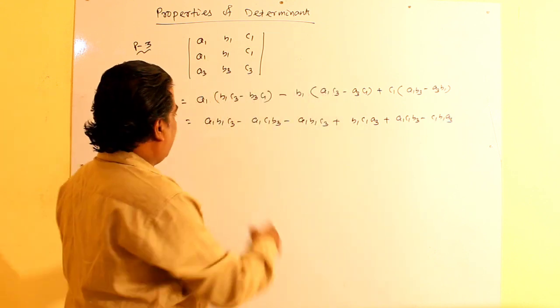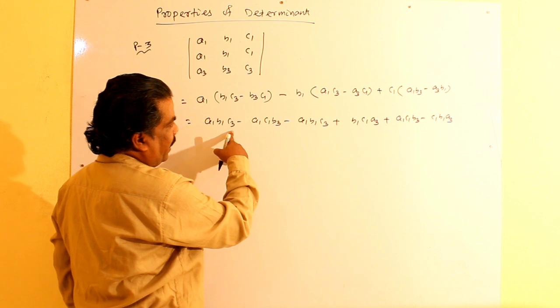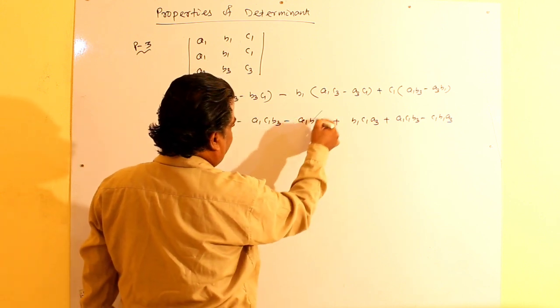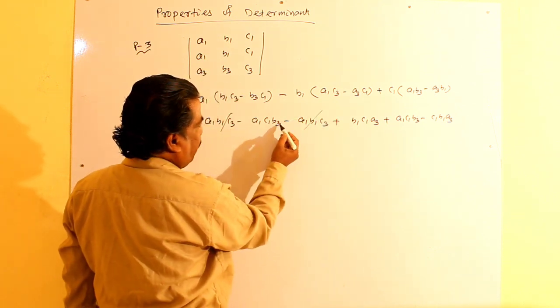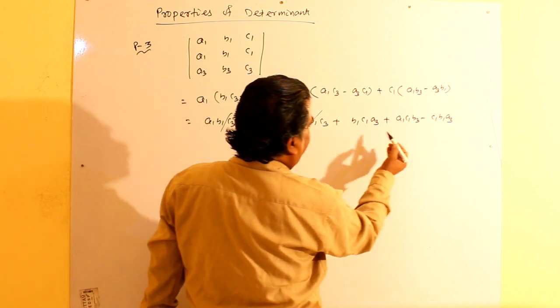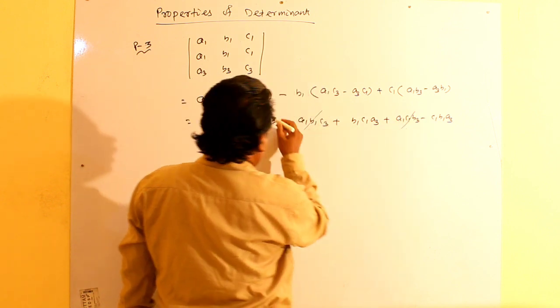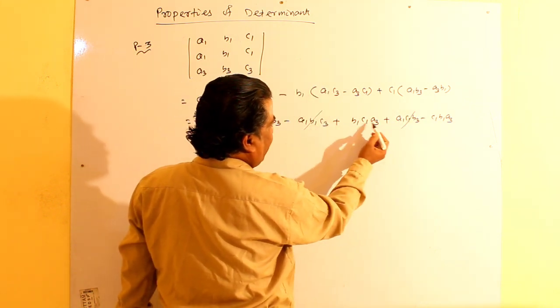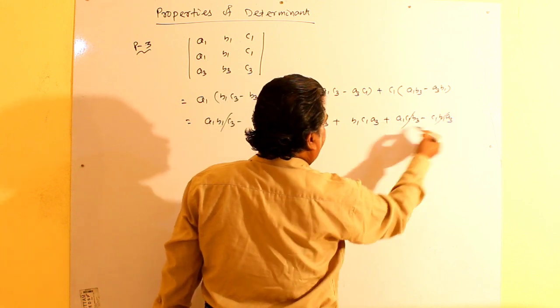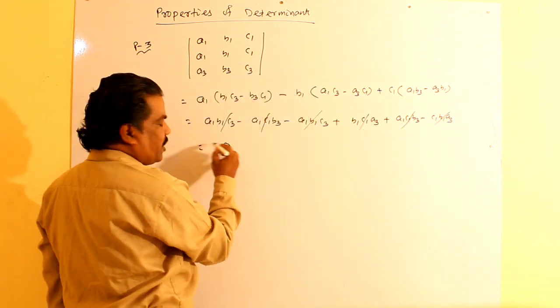Now here A1 B1 C3 and A1 B1 C3 cancel, A1 C1 B3 and A1 C1 B3 cancel, B1 C1 A3 and C1 B1 A3 cancel. So the value of determinant is 0.